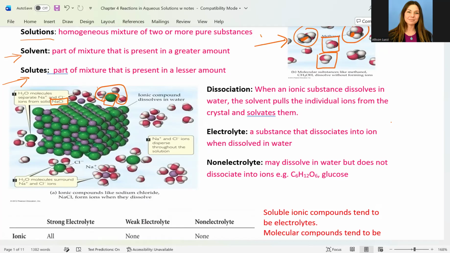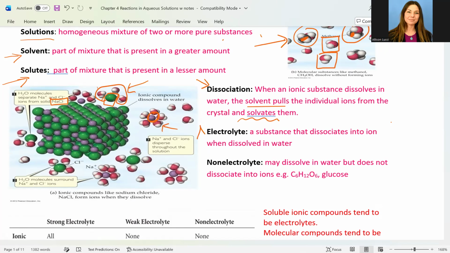So these ionic compounds will do what's called dissociation, or not only do they dissolve in water in aqueous solution, but the solvent will pull the individual ions from the crystal as it solvates them. So that's what we see here. Here's our chloride, and then the sodium ions here are solvated by water once again.